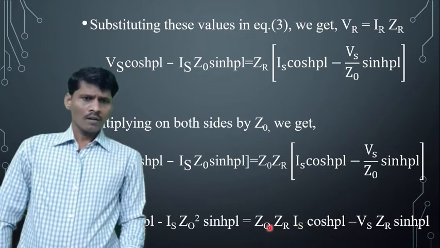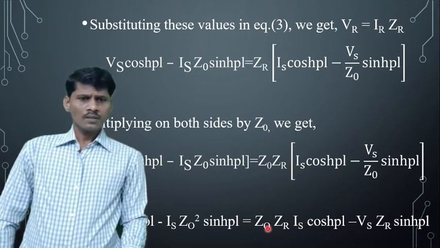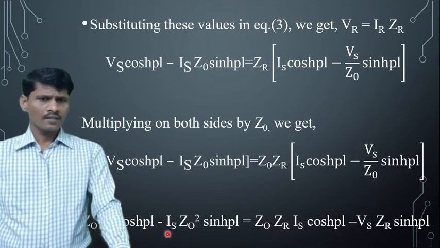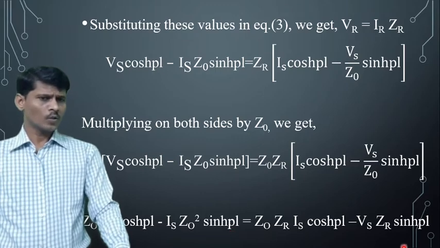On the RHS, Z0 ZR Is cosh PL is moved to the LHS side, and Is Z0 square sinh PL is moved to the RHS side.